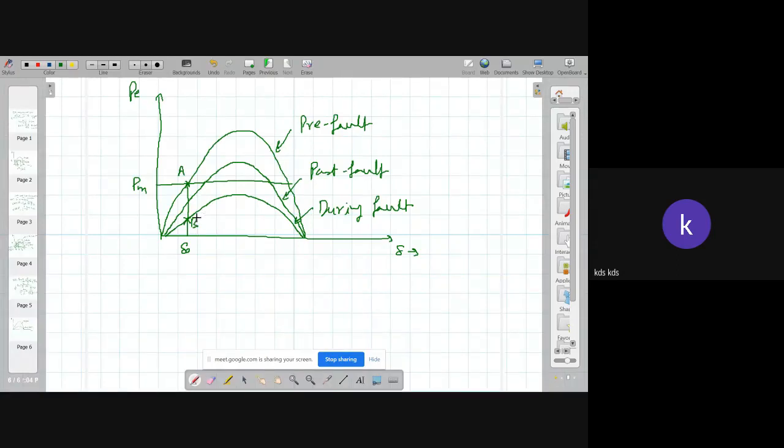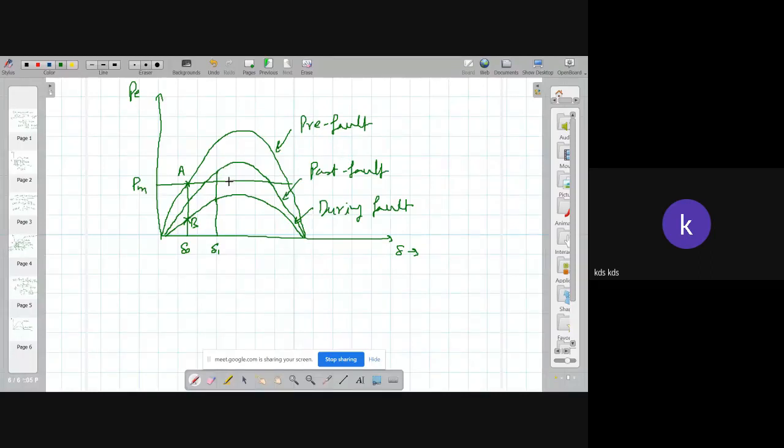At B point, we start moving along the power angle curve. Then comes delta 1, where the fault has been cleared.